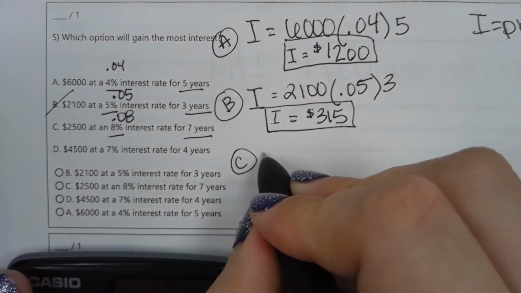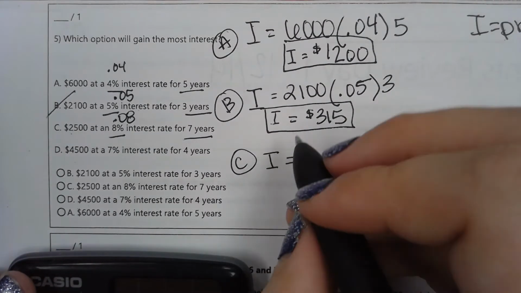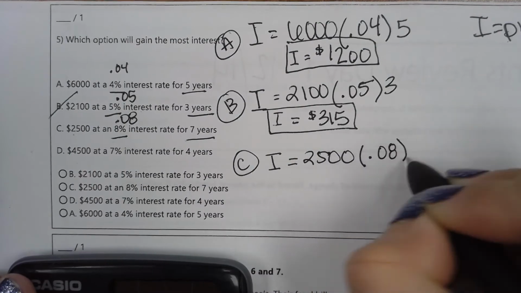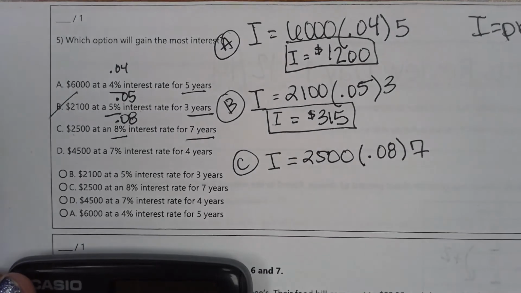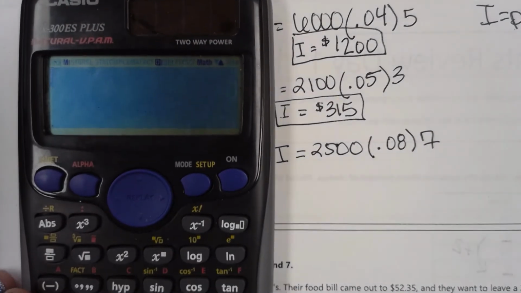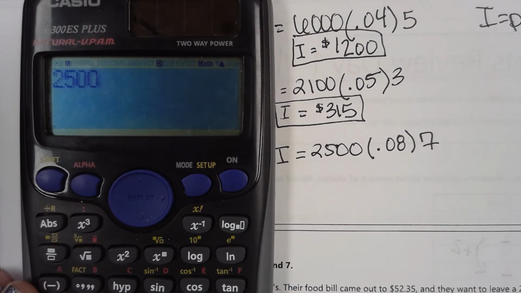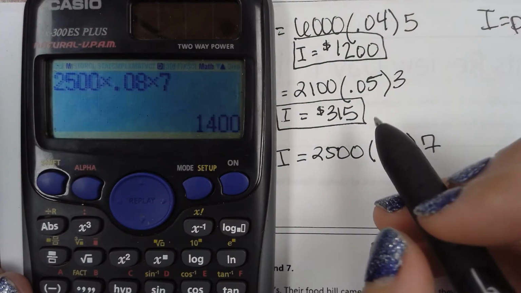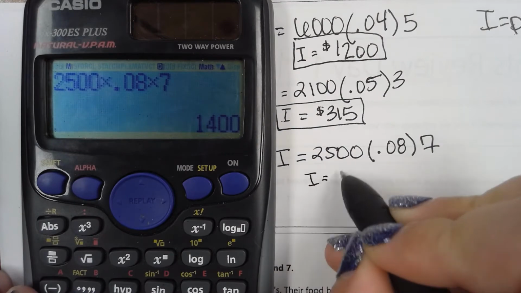So let's figure this out. Interest equals principal, $2,500, times the rate, which was 0.08, times the years, which was 7. Then to find the interest, I just multiply all of those numbers together. So 2,500 times 0.08 times 7, and I get $1,400.